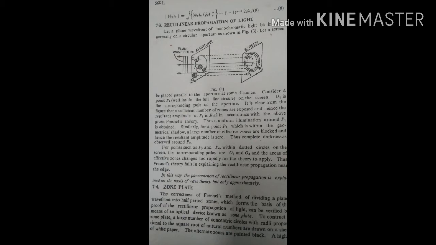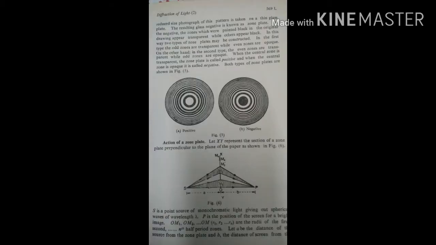To construct a zone plate, a large number of concentric circles with radii proportional to the square root of natural numbers are drawn on a sheet of white paper. The alternate zones are painted black. A highly reduced size photograph of this pattern is taken on a thin glass plate. The resultant glass negative is known as a zone plate.